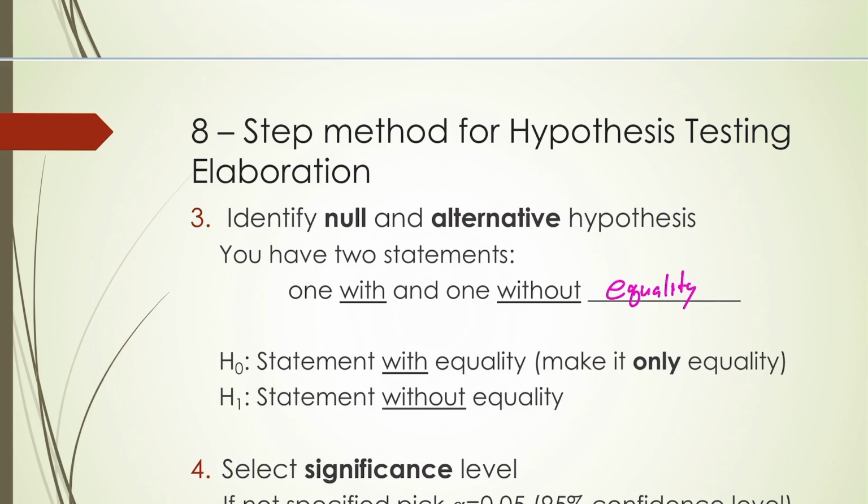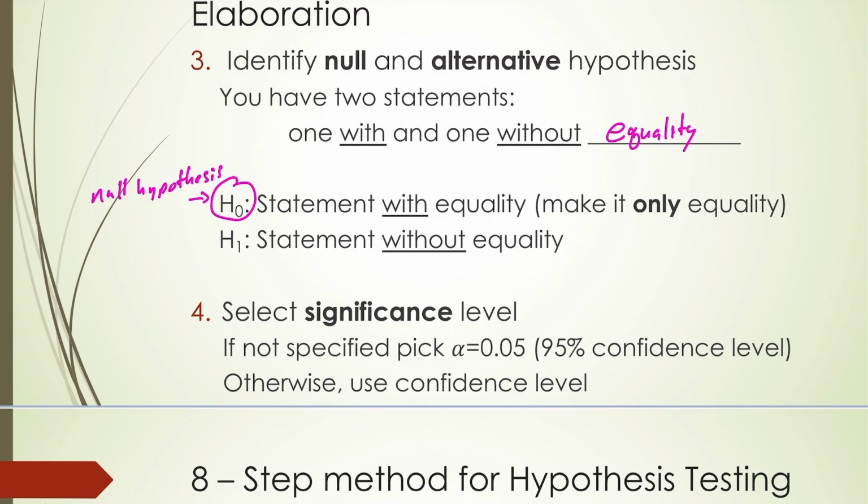Whichever statement has equality, put that as your H0 statement, your null hypothesis. That's what the H stands for. H1 is the alternative hypothesis. In the homework, you will see this denoted HA, and sometimes it is denoted H capital A. All of those are appropriate. The null hypothesis is almost always labeled H0.